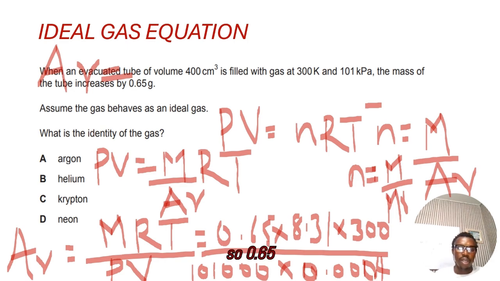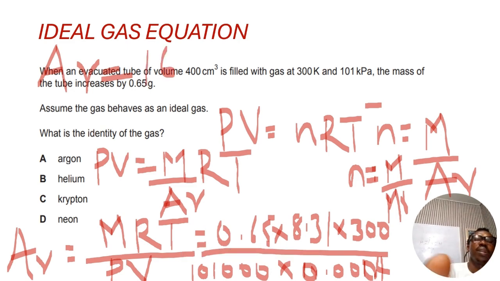0.65 multiplied by 8.31 multiplied by 300, you get 1620.45.